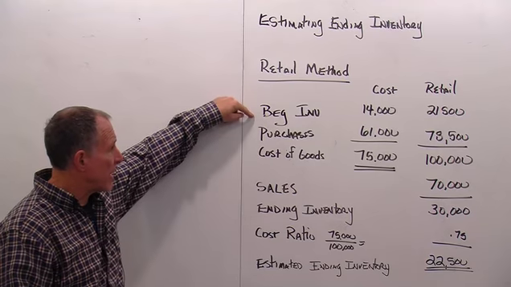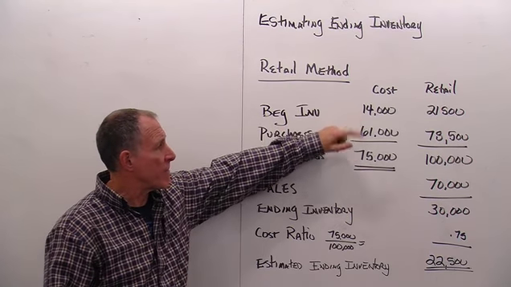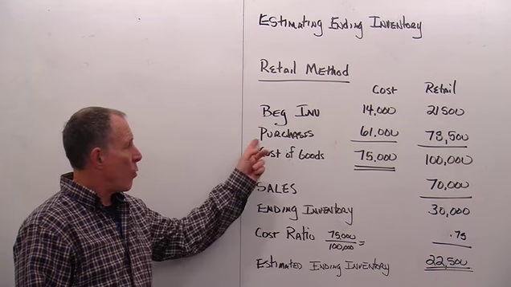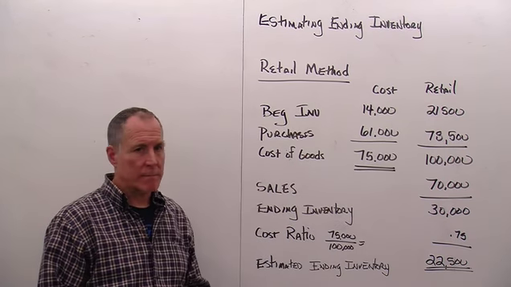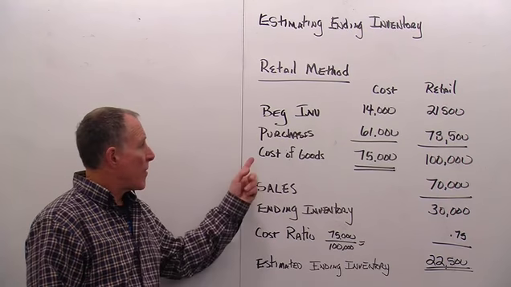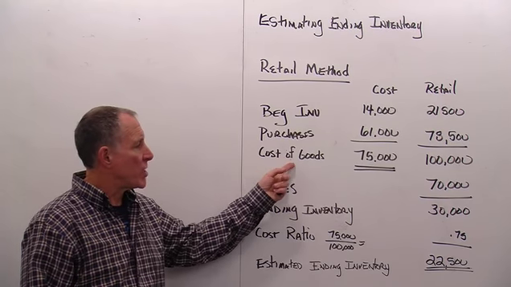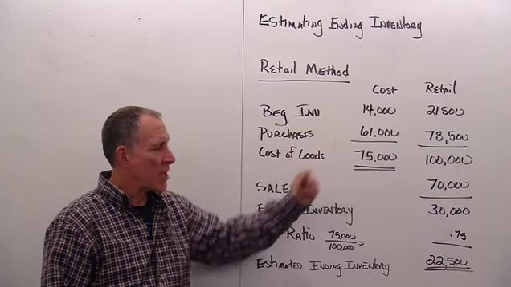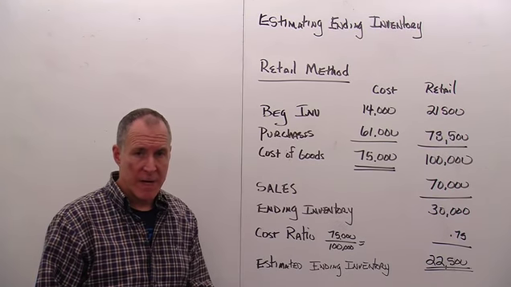My beginning inventory is given to me at 14,000, and I could sell it at 21,500. What I bought was 61,000, I could sell it at 78,500. The cost of the goods available for sale at cost is 75,000.